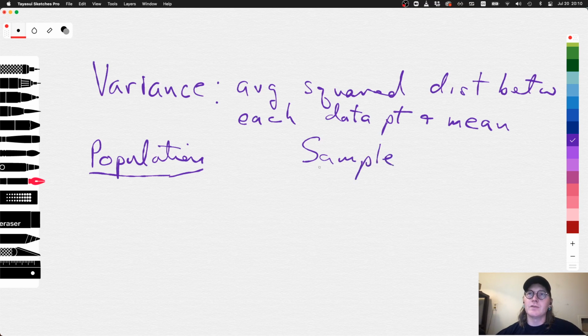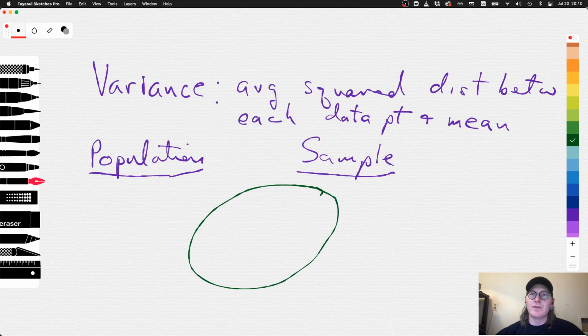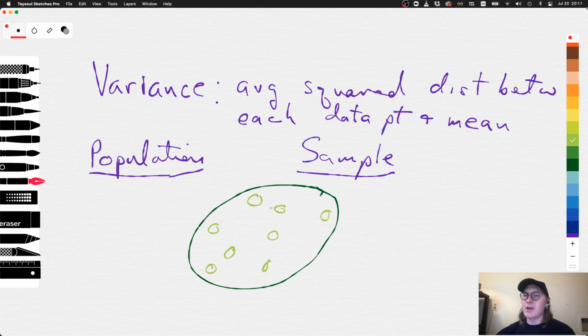A population we can think of as being everything, and a sample is going to be a selection from the population. So we want to make some representative sample, we're sampling from all over this thing, and then we're making measurements based on that.